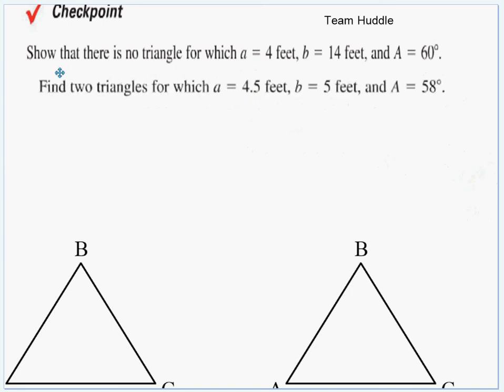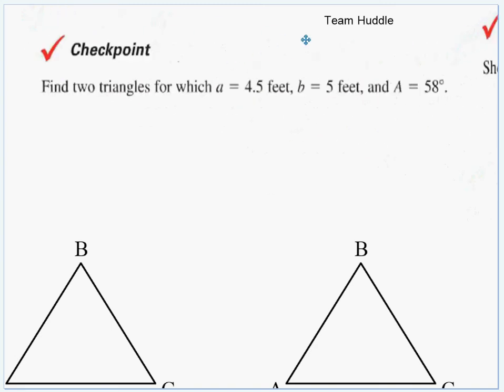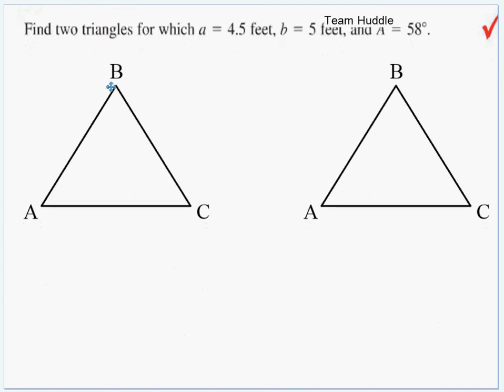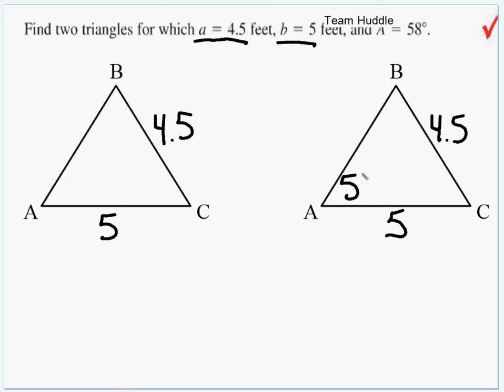Okay, here's our other practice problem. I'm going to move this up here. Now remember, the given info is true on both, so I'm going to use black ink. Side A is 4.5. Side B is 5 feet. Angle A is 58 degrees.